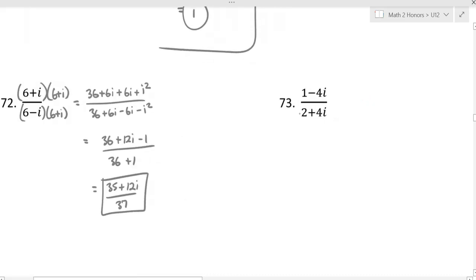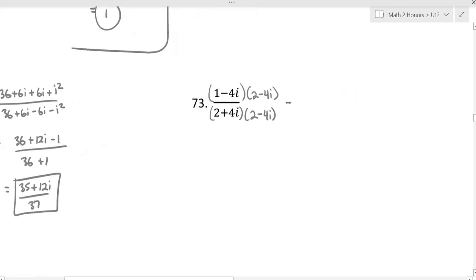73. Multiply by the conjugate. Multiply that out.